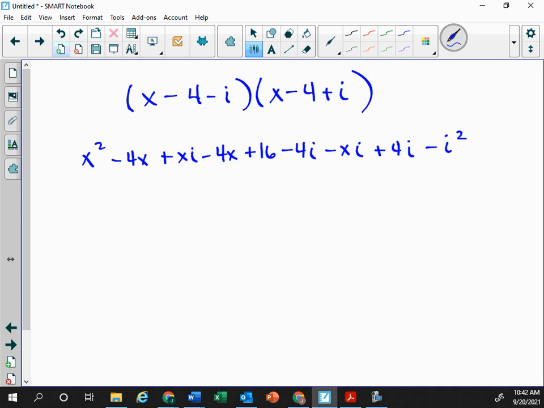I think that's more painful than the other way. But if you're like, no, this makes sense, I like this, do it this way, I don't care. You get to the same spot. It's just whatever makes more sense in your head. I find that to be messy and easy to screw up a sign somewhere. But it's totally up to you.